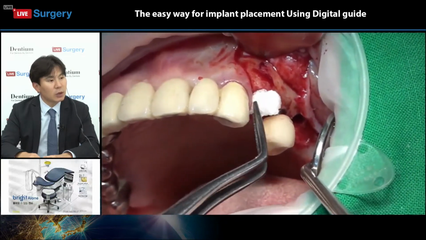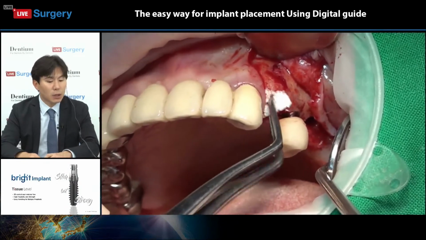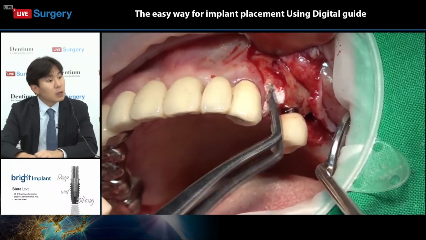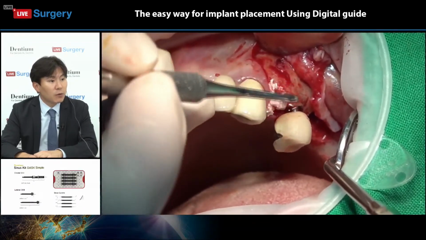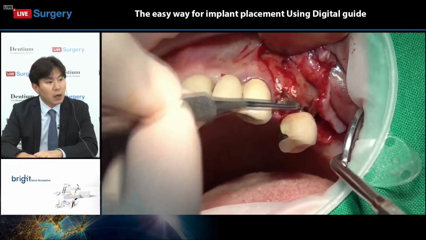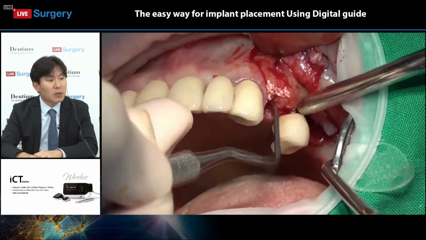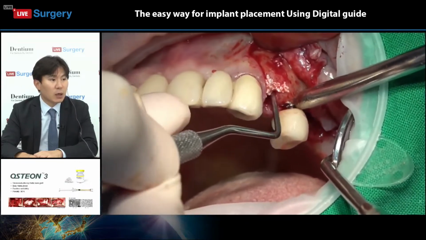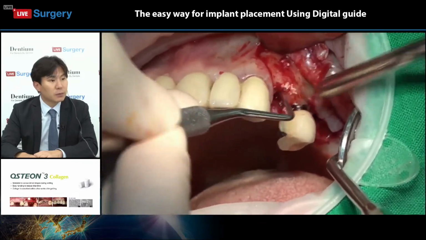And he is inserting Osteon 3 collagen. Osteon 3 is composed of 60% hydroxyapatite and 40% beta-tricalcium phosphate, and the collagen product is a combination of Osteon 3 and a collagen component.